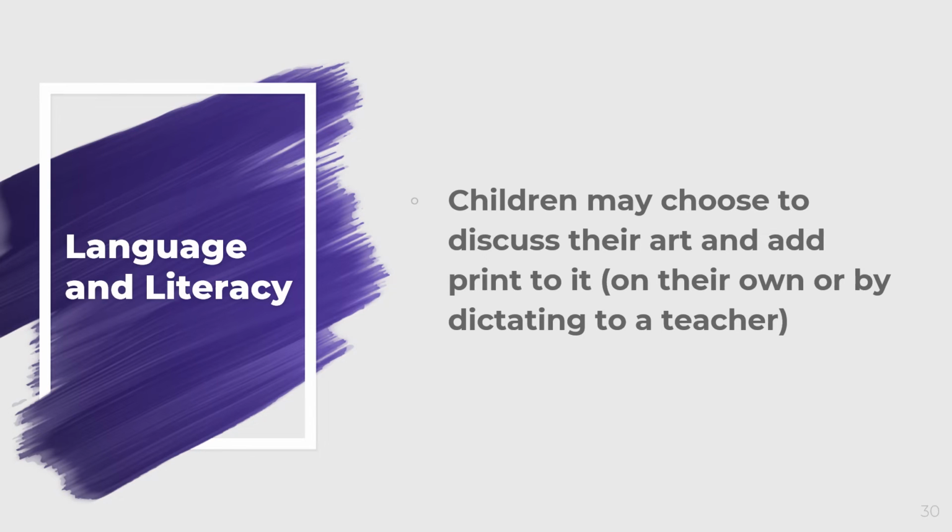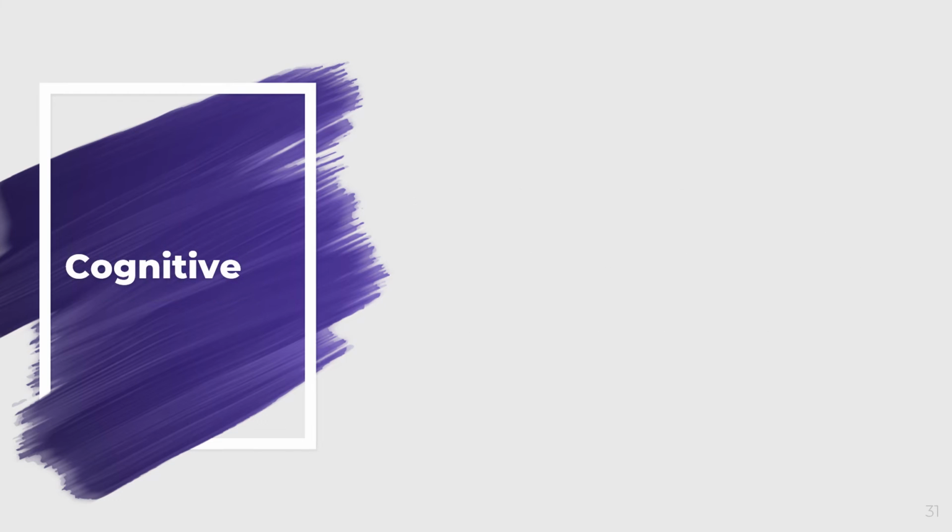So they may want to dictate this to me. I could say, how about you tell me your words and I'm going to write them down here so your mom or your dad or your family may read and know about what you have made. So language and literacy is a big thing in process-oriented art.